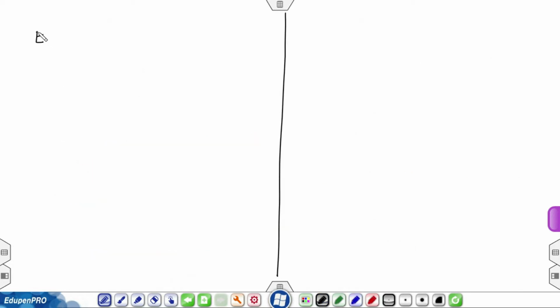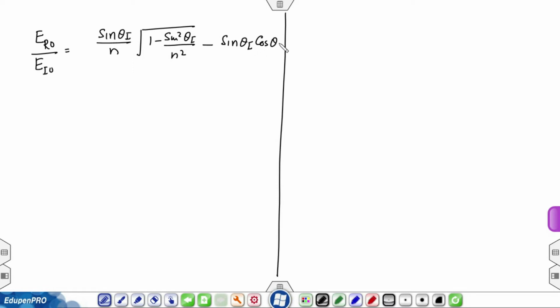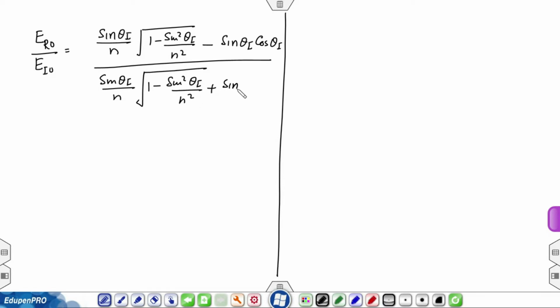So, I get E r 0 over E I 0 is equal to sine theta I divided by n times the square root of 1 minus sine square theta I divided by n square minus sine theta I cosine of theta I, divided by everything with plus. So, sine theta I divided by n square root of 1 minus sine square theta I divided by n square plus sine theta I cosine of theta I.